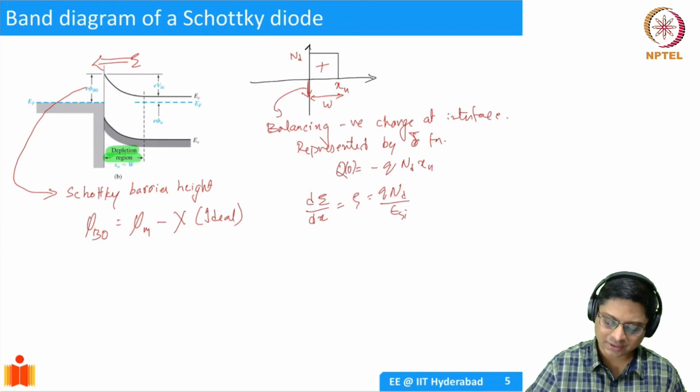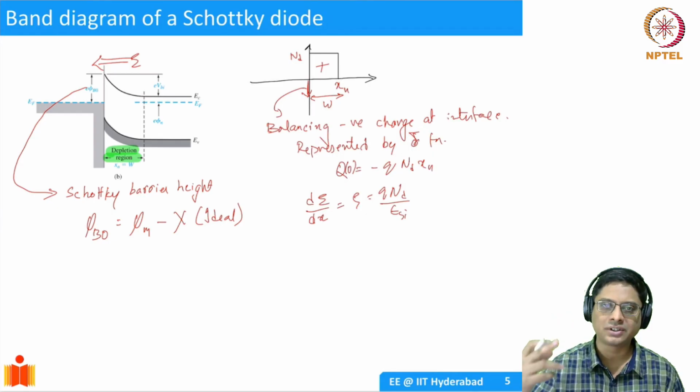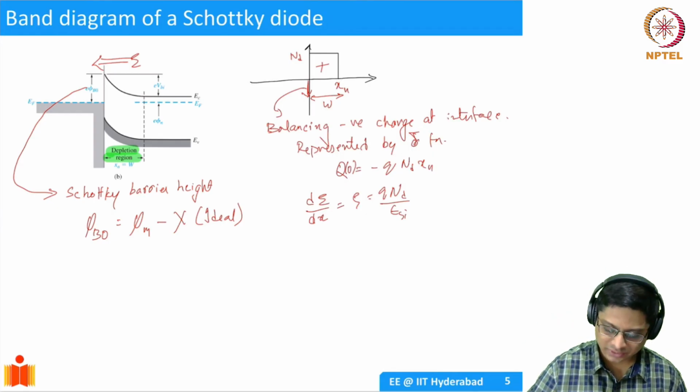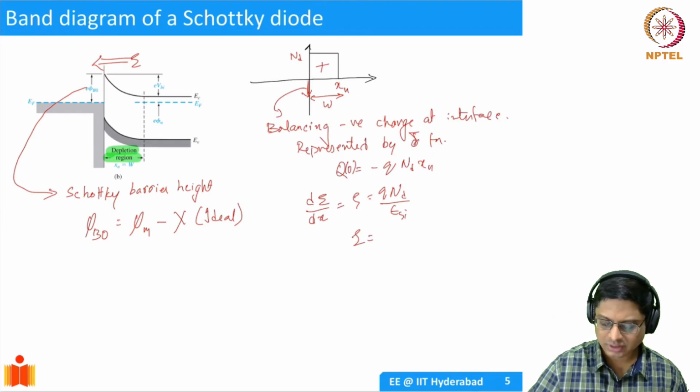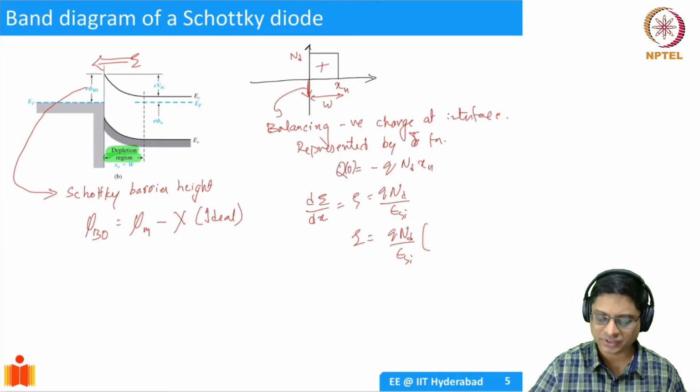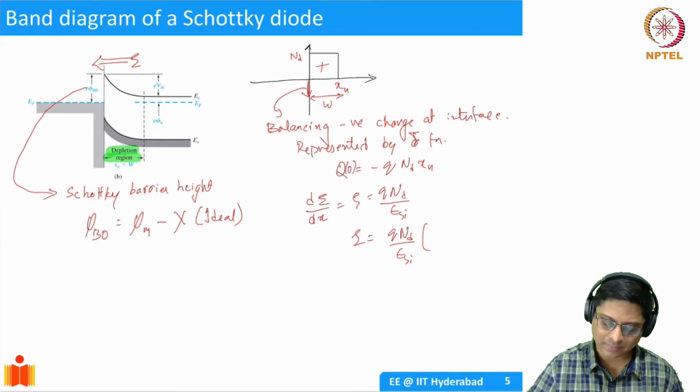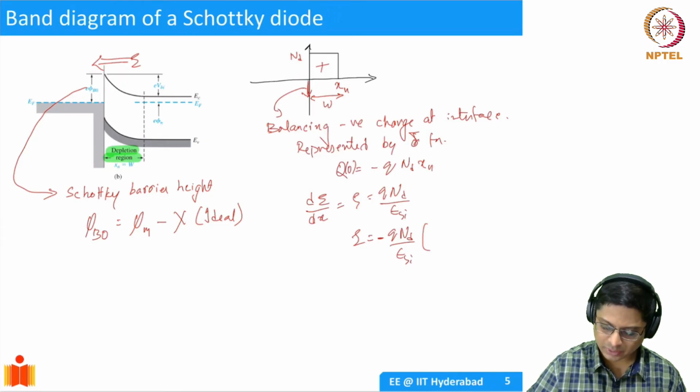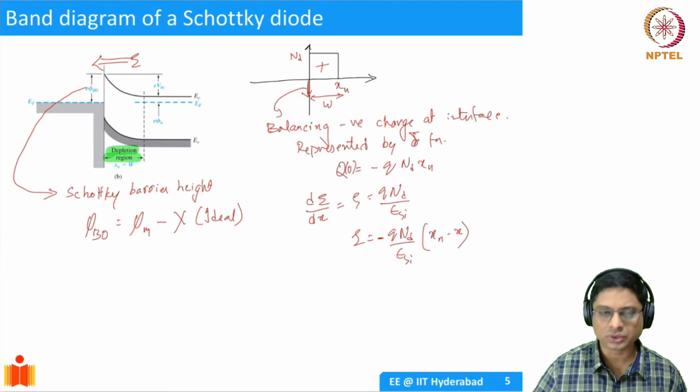So we know from our knowledge of PN junctions that the electric field is going to be E equal to Q ND divided by epsilon silicon times, it's going to be a linear function. At x equal to xn, it has to be 0, and at x equal to 0, it has to be minus. So I'll put it as xn minus x. At x equal to xn, it's going to go to 0.